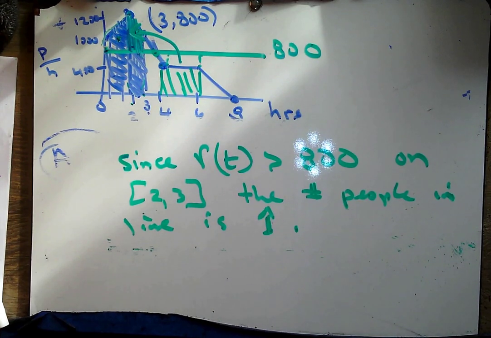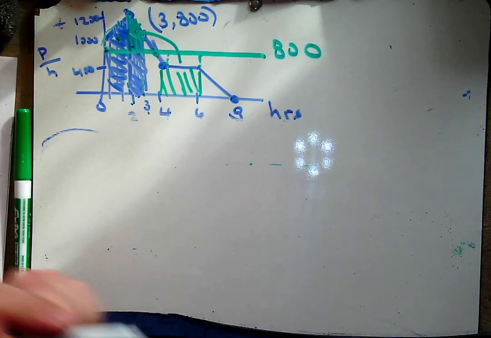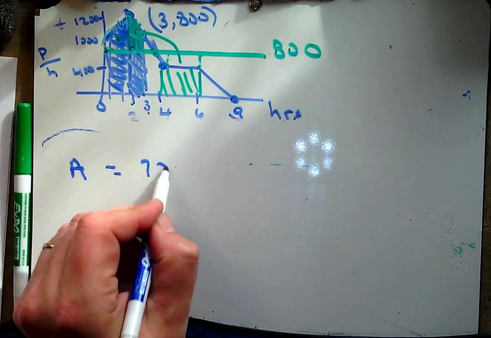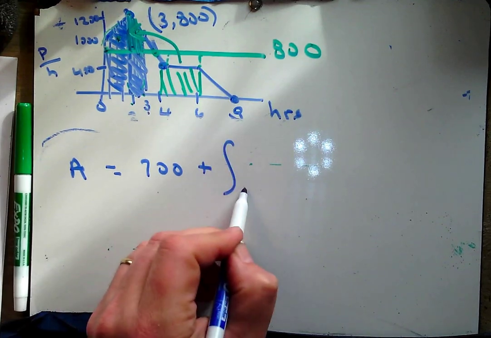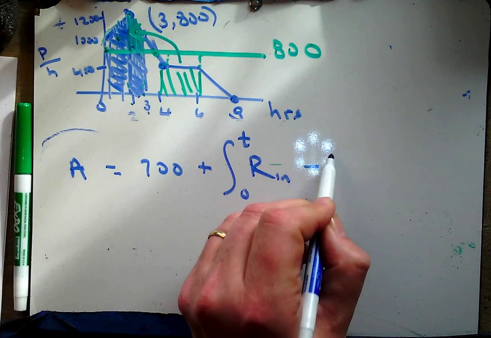Okay, at what time is the line the longest? How many people are in line at that time? Justify your answer. Okay, so what do we think about that? Well, we know we're serving 800 people, and we know that there's this amount function, right? A equals 700 plus the integral from 0 to t of rate in minus rate out.